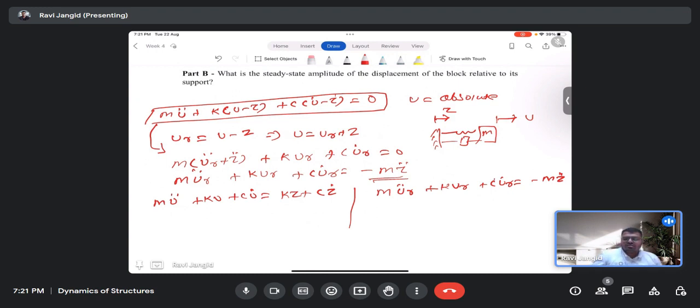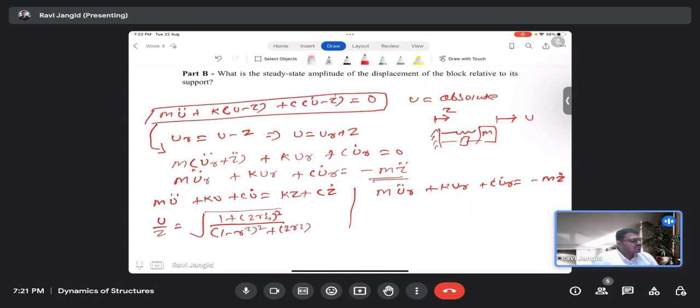If you solve this, the transmissibility u by z comes out to be the square root of 1 plus 2r xi squared over 1 minus r squared squared plus 2r xi squared.